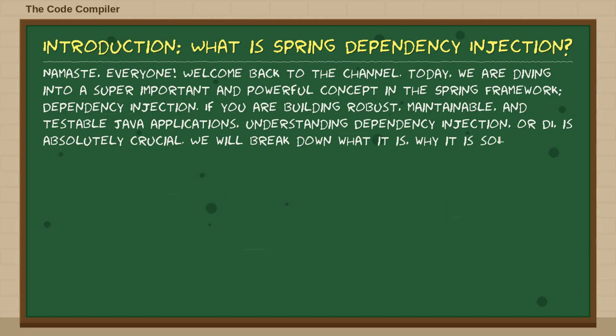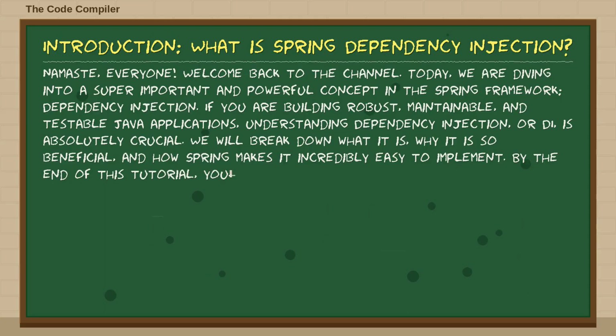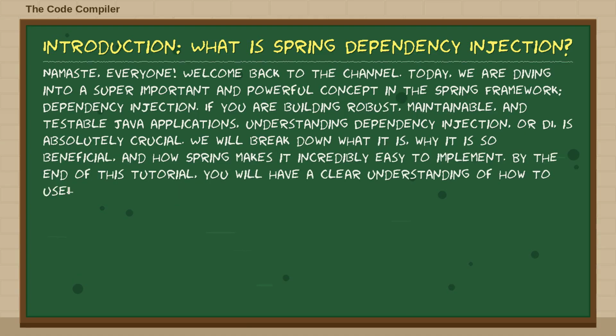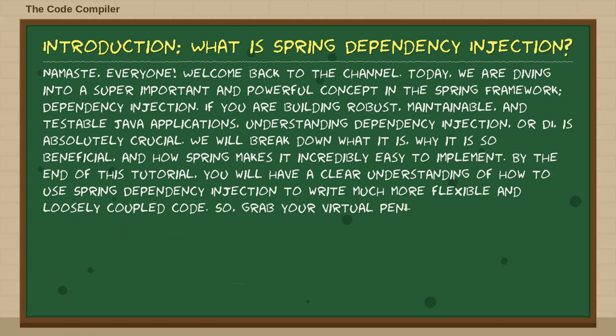We will break down what it is, why it is so beneficial, and how Spring makes it incredibly easy to implement. By the end of this tutorial, you will have a clear understanding of how to use Spring dependency injection to write much more flexible and loosely coupled code. So, grab your virtual pen and paper, and let us get started.